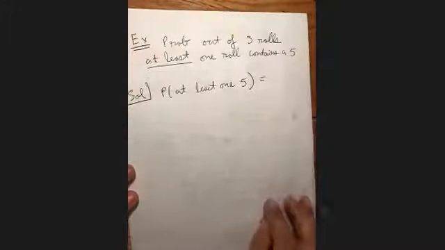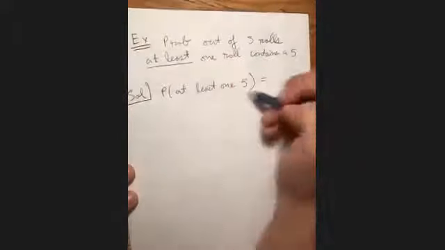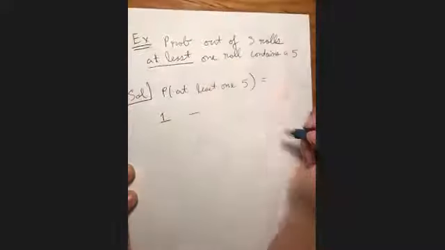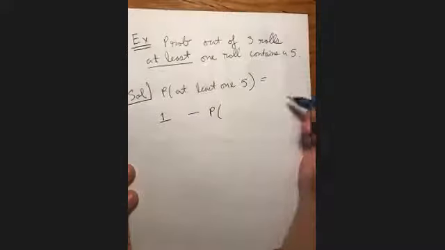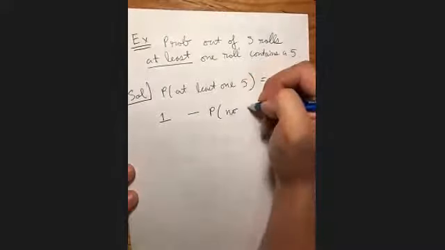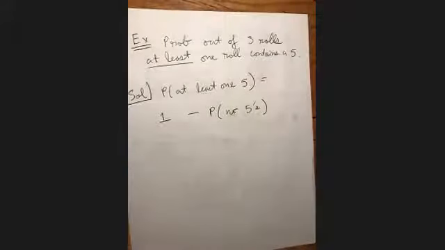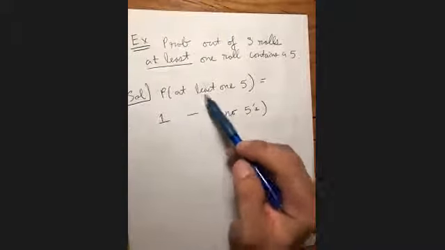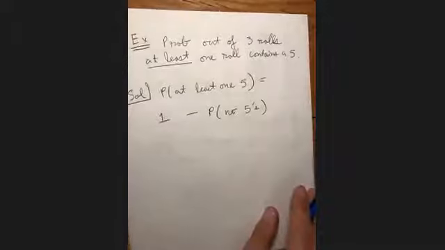So if I rephrase this using the complement rule, then this probability should be equal to 1 minus the complement of at least one 5, which is equivalent to no 5s. So if there's not at least one 5 out of the 3 rolls, that means there are no 5s out of the 3 rolls.